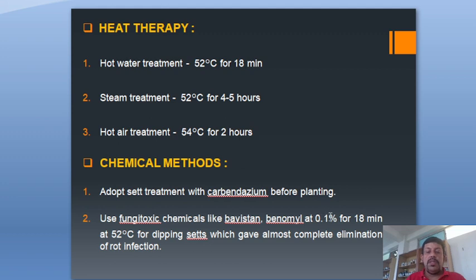We have to use only 0.1%. 0.1% for 18 minutes at 52 degrees centigrade, or dipping whole sets, gives complete elimination of the disease. So slowly, the management is very important.